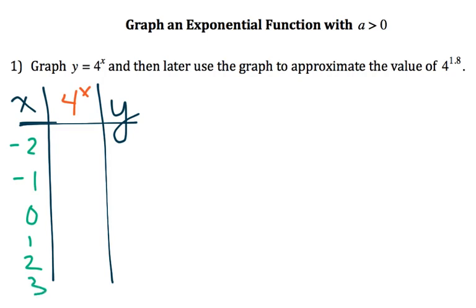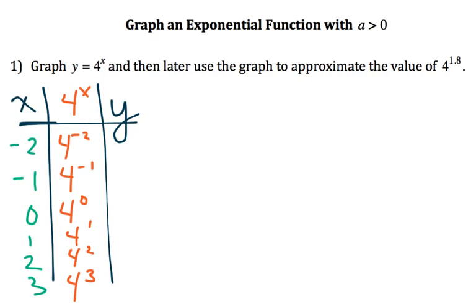So what this means is that I have 4 to the power of -2. If I had more stuff going on up here, I'd probably keep it in parentheses, but it's just a single value. 4 to the power of -1, 4 to the 0th power, 4 to the 1st, 4 squared, 4 cubed. It's nice to set up a table with this in-between chunk for when you have way more things going on and you want to figure this out.